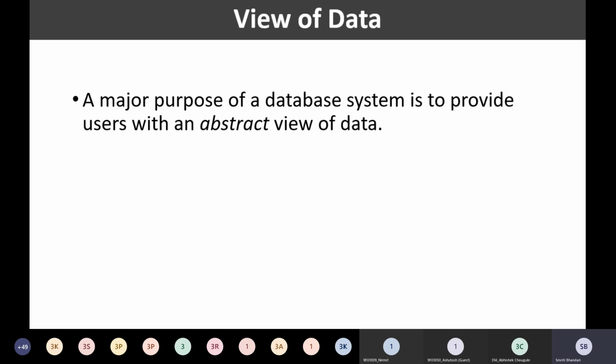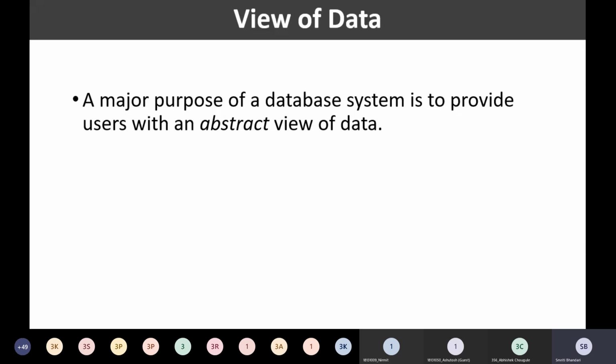But even though complex data structures are used to store the data, they are hidden from the normal users. That is what abstraction is.